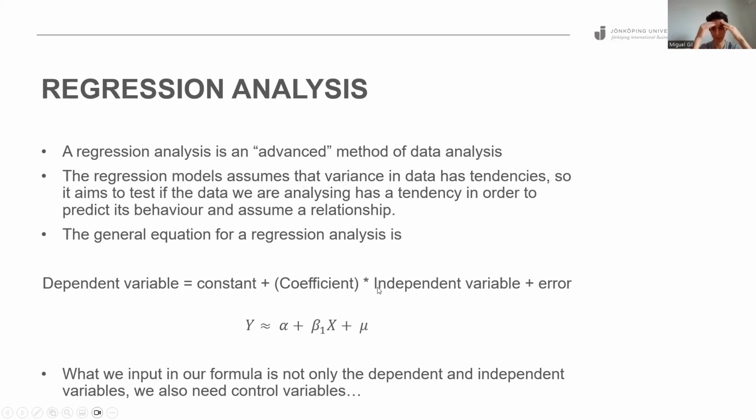I don't know if I'm confusing you more, but hopefully you understand it a bit better. The dependent variable is affected by the constant, and the effect of the independent variable is measured by this coefficient. And of course, we have error, and we have constant, but this is what matters to us.